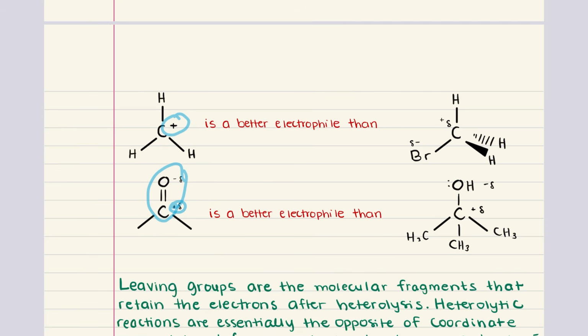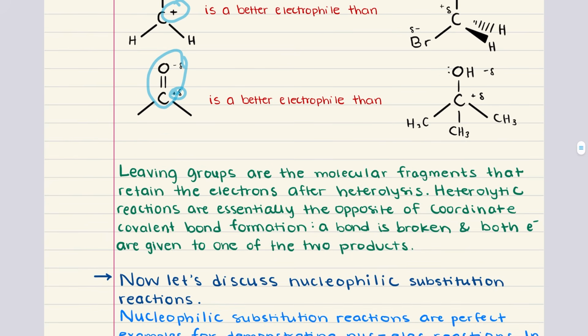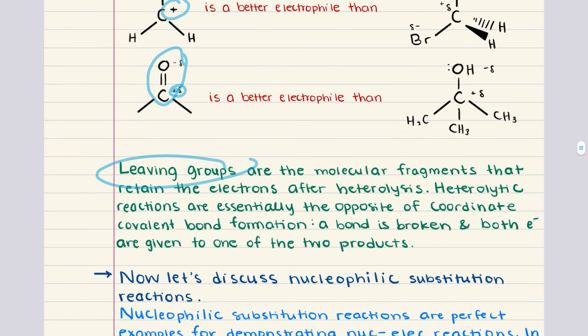Another important factor in electrophilicity is the presence of a leaving group. A molecule with a good leaving group is going to be more likely to undergo a substitution reaction because the bond can break easily and it allows for nucleophilic attack.